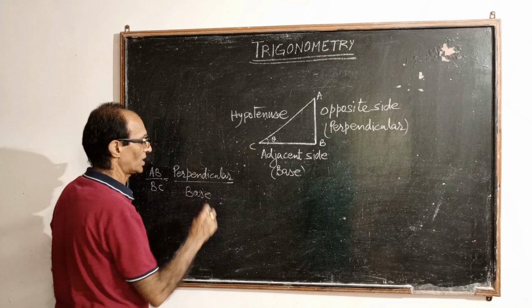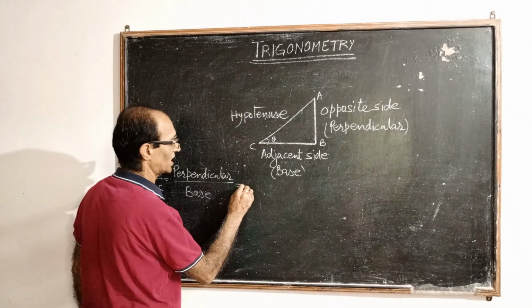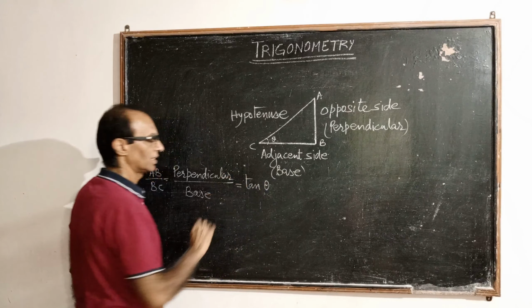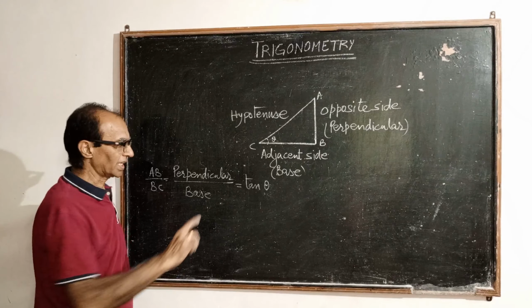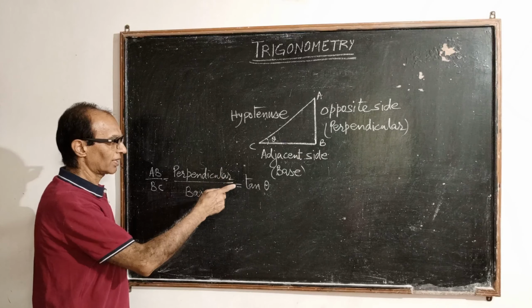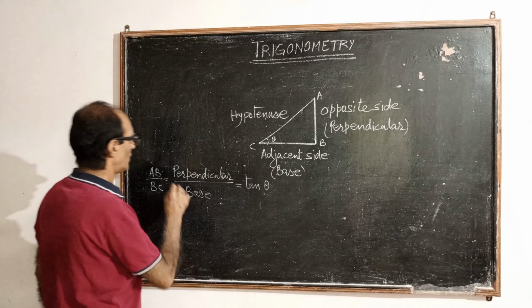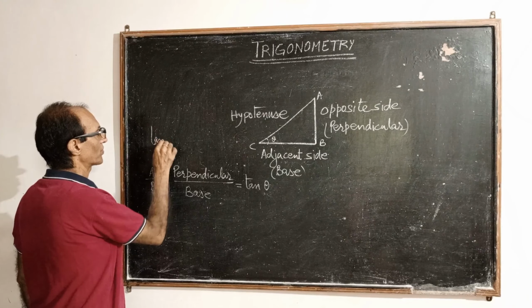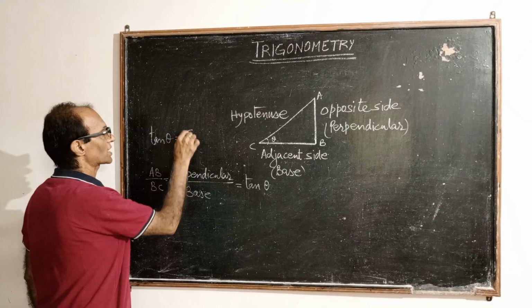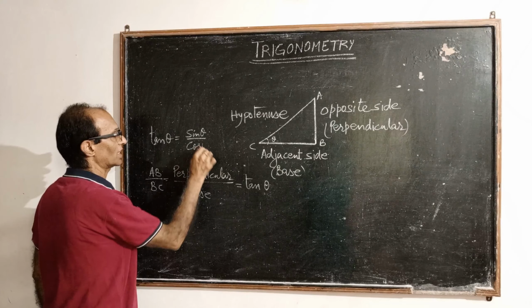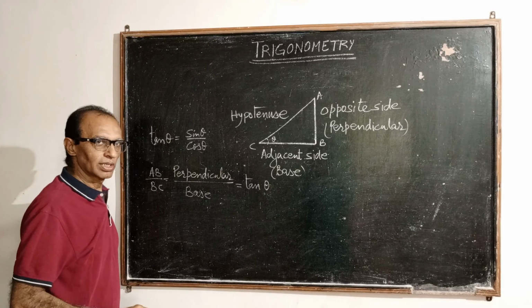This is what was given to us, and we said that this is equal to tangent theta. We had given one relationship that this tangent theta is equal to sine theta upon cos theta. This was worked out in that last class.